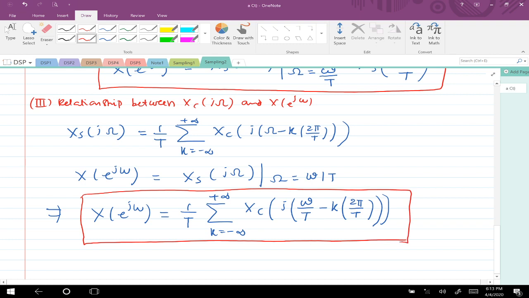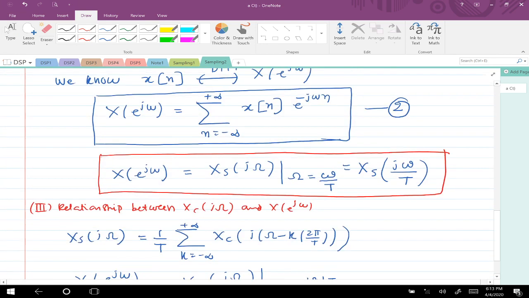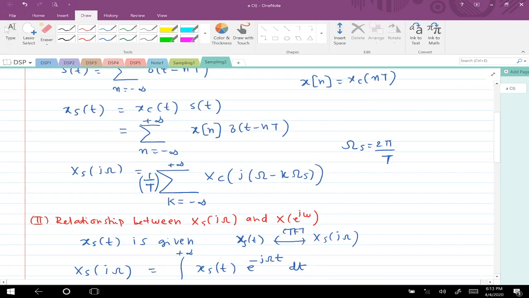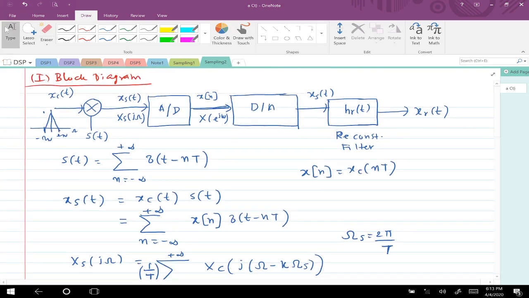Okay, right. Notice here what's happening. Let's try to summarize the things. Suppose this is the Fourier spectrum; what is happening to the frequency spectrum? You have a continuous time signal, you multiply it with an impulse train. So in the frequency domain, it's equivalent to convolving with an impulse train.